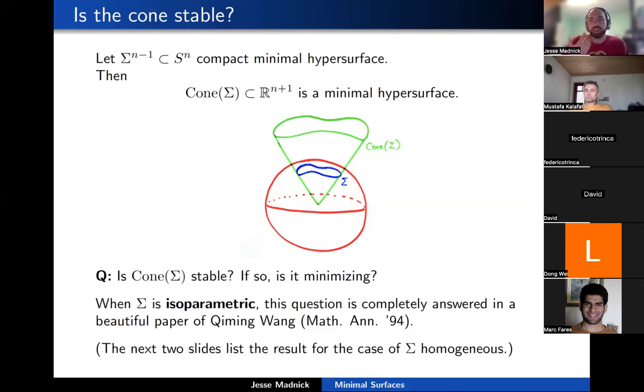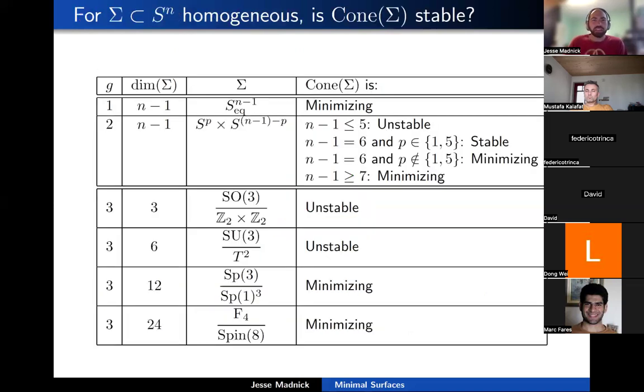So I want to give the result because it's kind of enlightening, actually. It's very interesting, at least in the case where sigma is homogeneous. So here are the homogeneous minimal hypersurfaces for G equals 1, 2, and 3. And listed in the right column is the best stability of the cone. So is the cone minimizing, stable, or unstable?